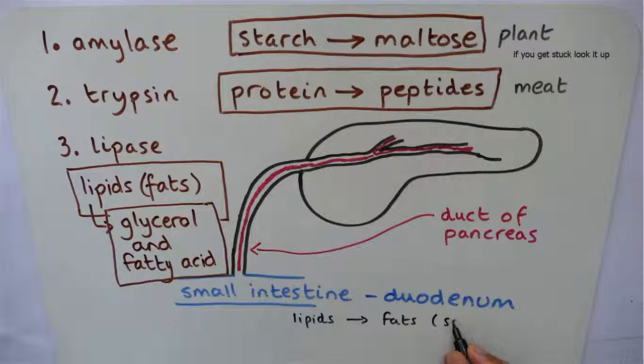If they are solid at room temperature, and oil if it's a liquid. So, for example, butter is solid at room temperature, and vegetable oil or olive oil is liquid at room temperature. They are both lipids.